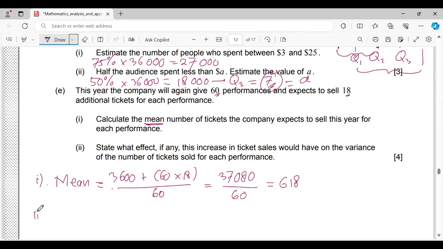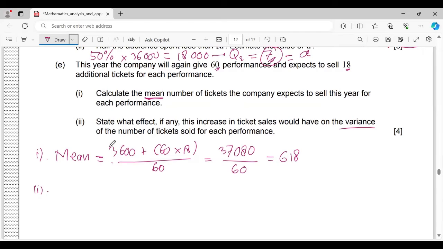Next, state what effect, if any, this increase in ticket sales will have on the variance of the number of tickets sold for each performance. The variance formula is like this: variance equals sigma of xi minus mean over n.